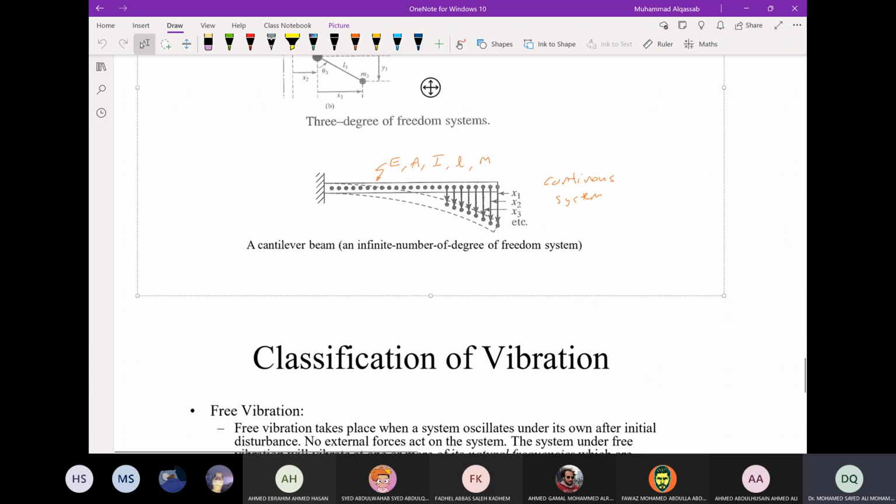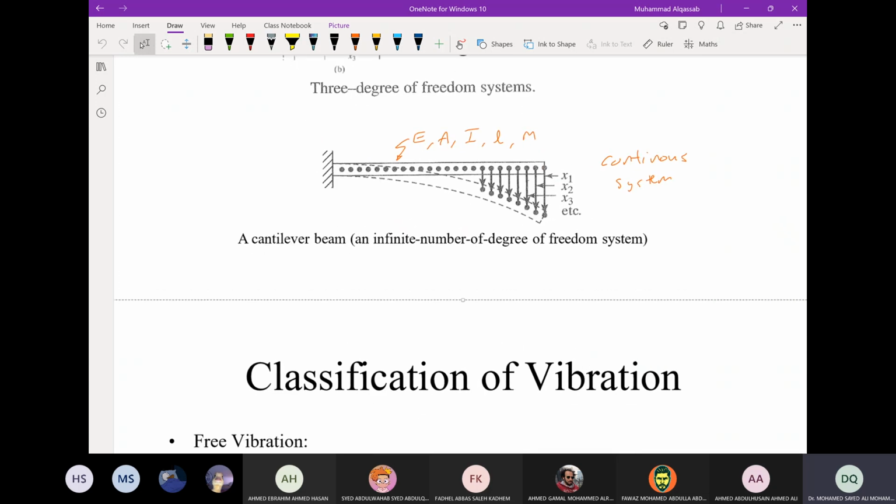What makes the continuous system different from the systems above is that the mass is distributed. So for a continuous system, we have a mass distributed system, distributed along the length of the beam.